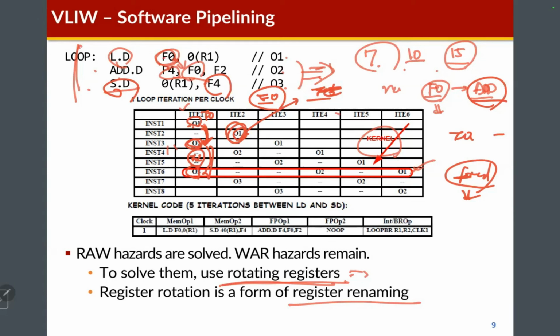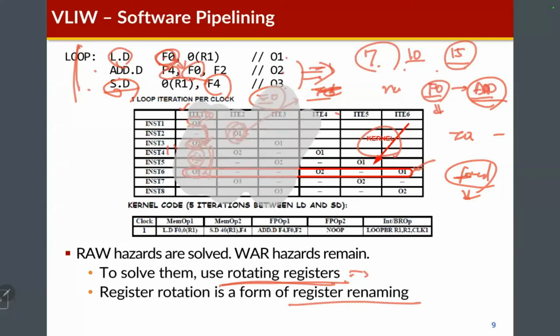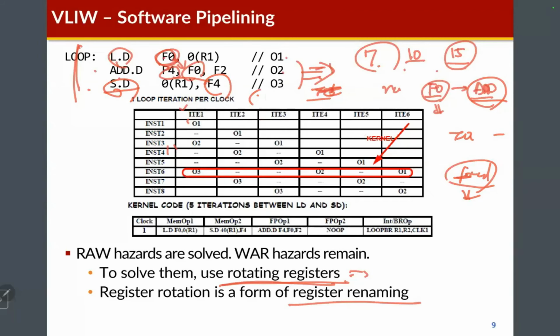So the rotating register, which is very similar to register renaming, works like this. This register is changed to RR0, RR1, RR2, or RR3.